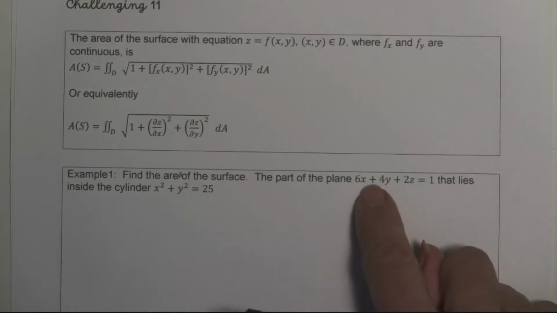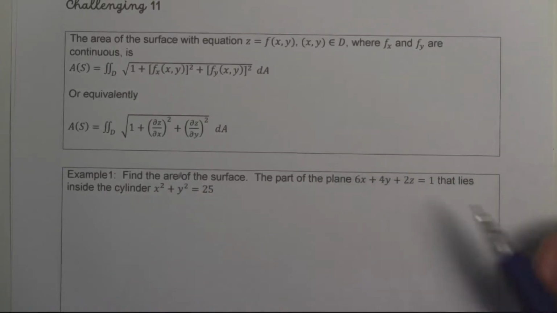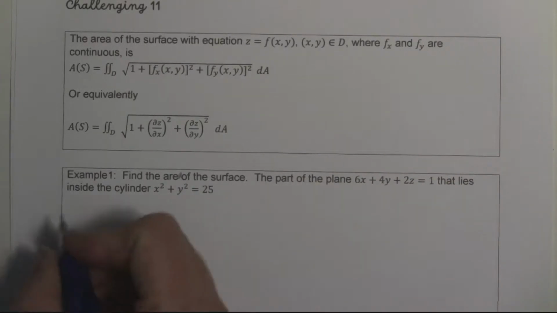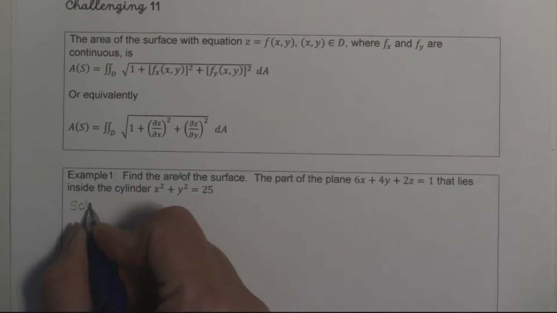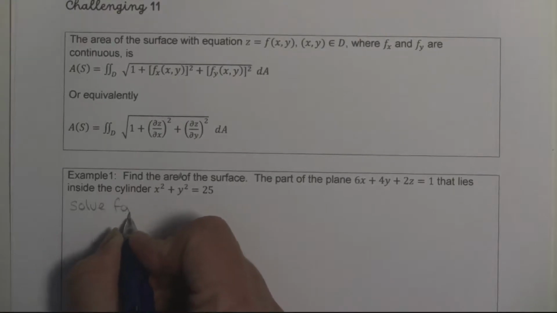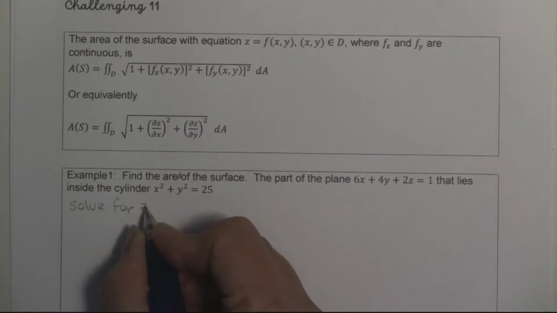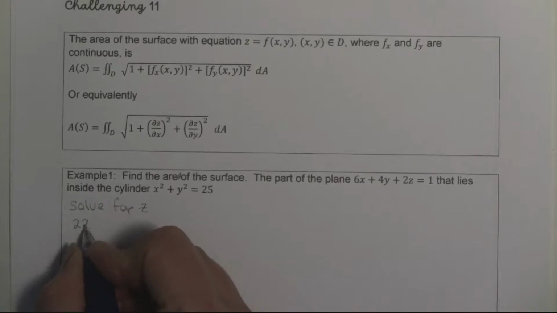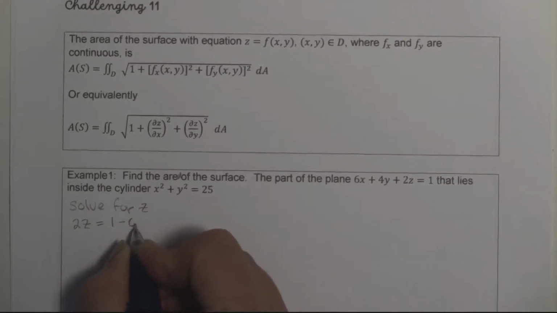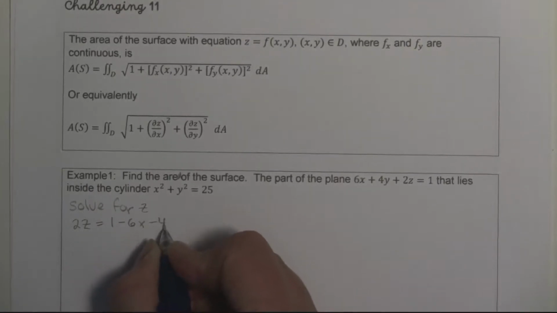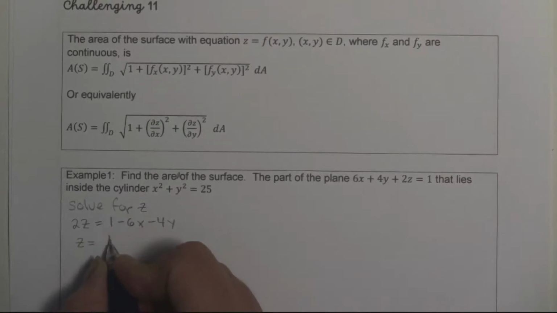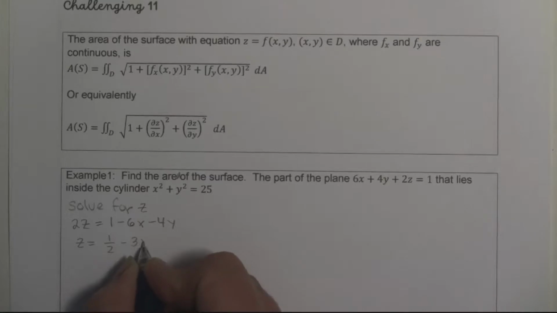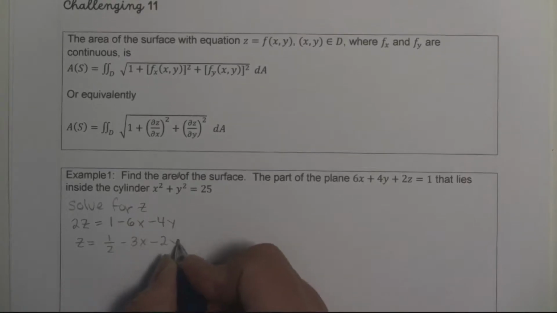And right here, we just need to solve this for z. So that's going to be our first thing to do. If we solve for z, I get 2z equals 1 minus 6x minus 4y. And then dividing by 2, I get z equals half minus 3x minus 2y.